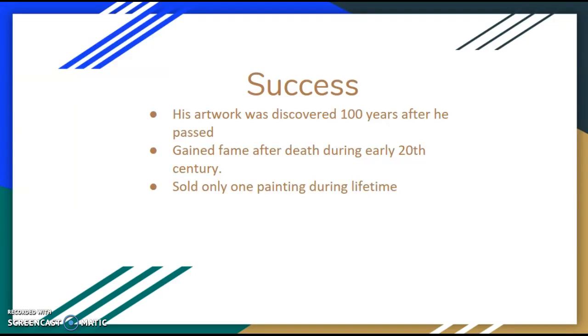For success, Vincent van Gogh didn't really gain success throughout his lifetime. His art was discovered 100 years after he passed away. He gained fame after death during the 20th century, and he sold only 1 painting during his lifetime, named The Red Vineyard.